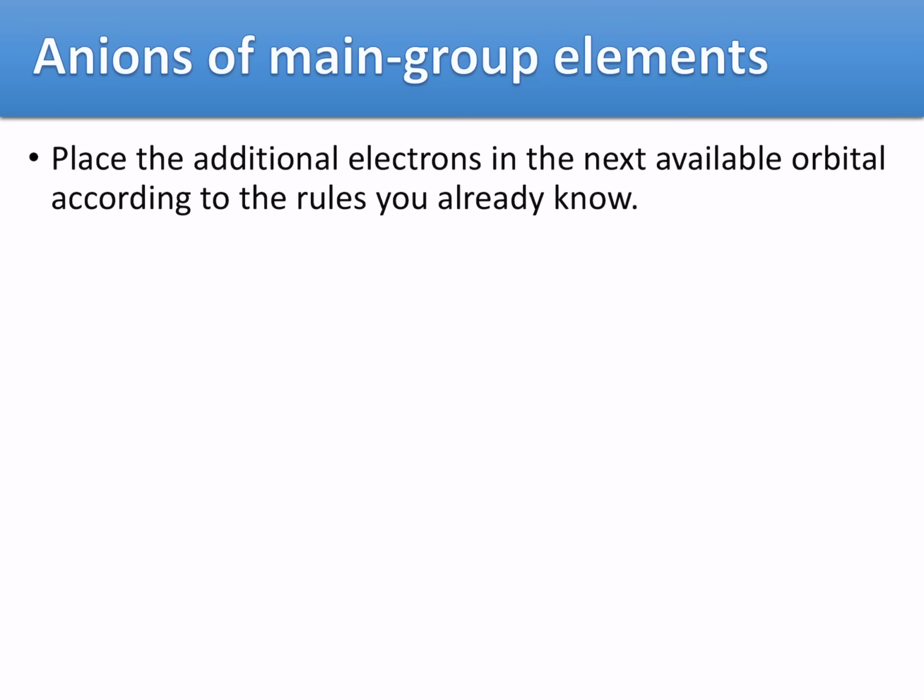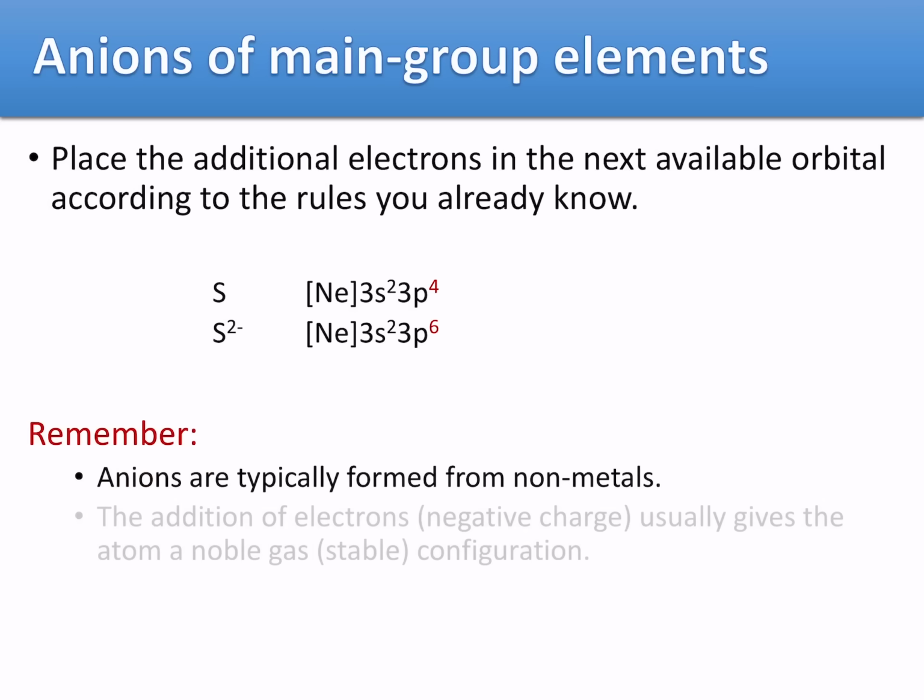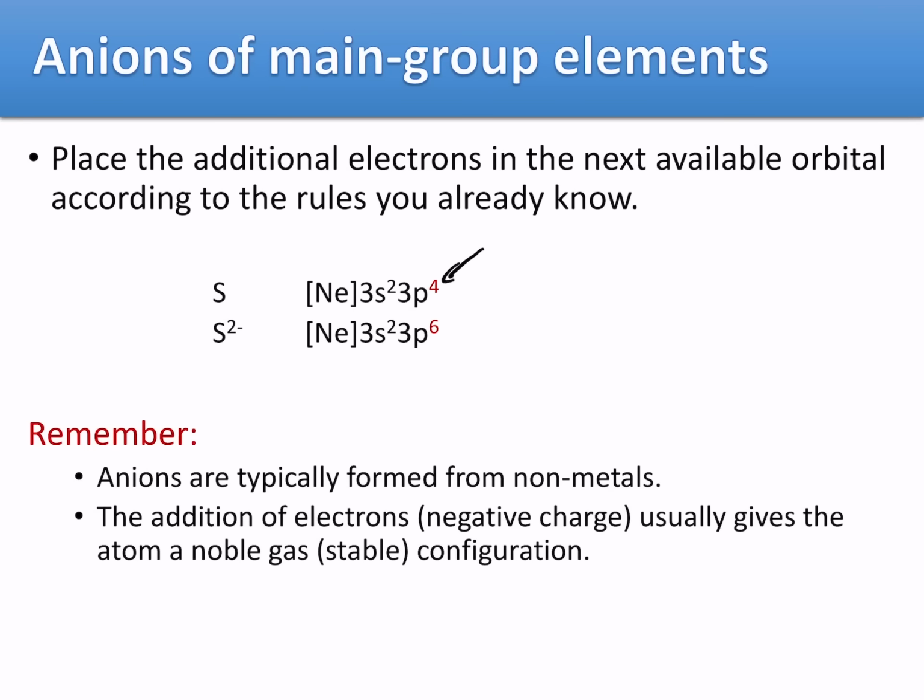Okay? So in general, those were just 2 examples. You take electrons from the highest energy level, or you add electrons to the highest energy orbital that still has room to hold those electrons. So for anions, you are adding electrons. So sulfur 2-, you just added 2 electrons there. So all you did here was add 2 electrons.